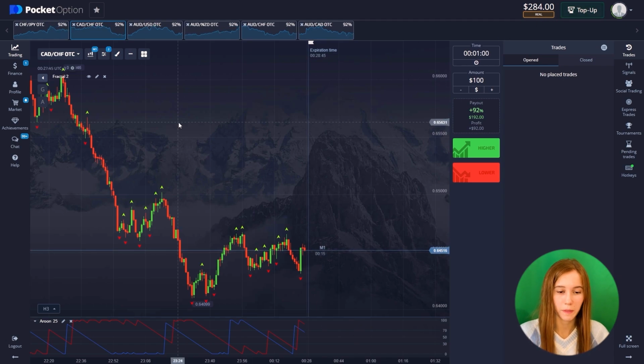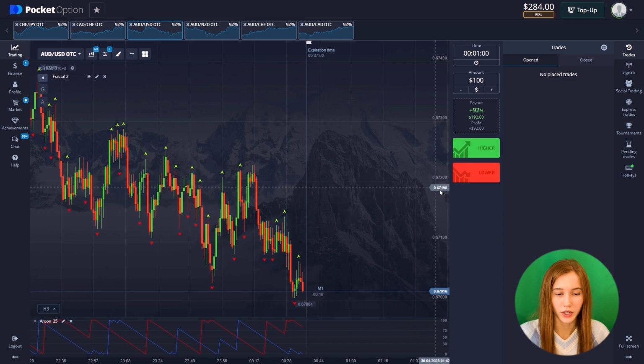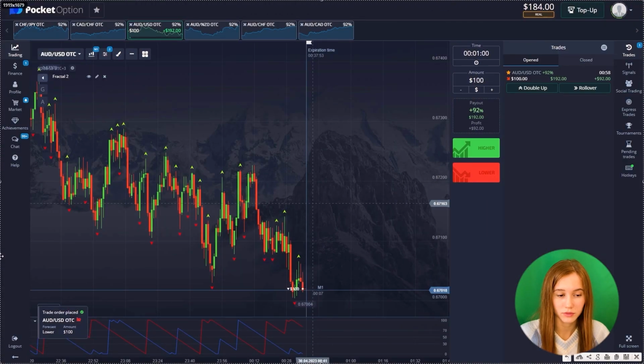Let's move on. And here we are. We open a down deal. Fractal above, and on all the candles we mainly see shadows forming on top. So it's a decline, and by general technical analysis, we see the trend is going down.